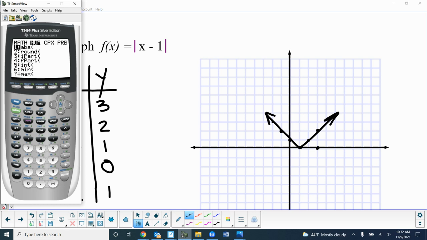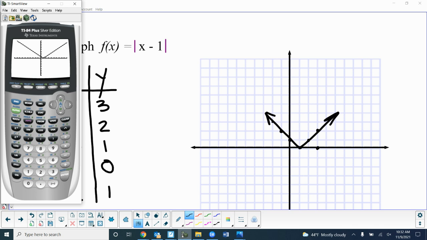And then absolute value is that first one, that ABS. Then we'll just put x minus 1, close it up, and then hit enter, and then hit graph. And there's our V. Okay? You can use your calculator for those as well.